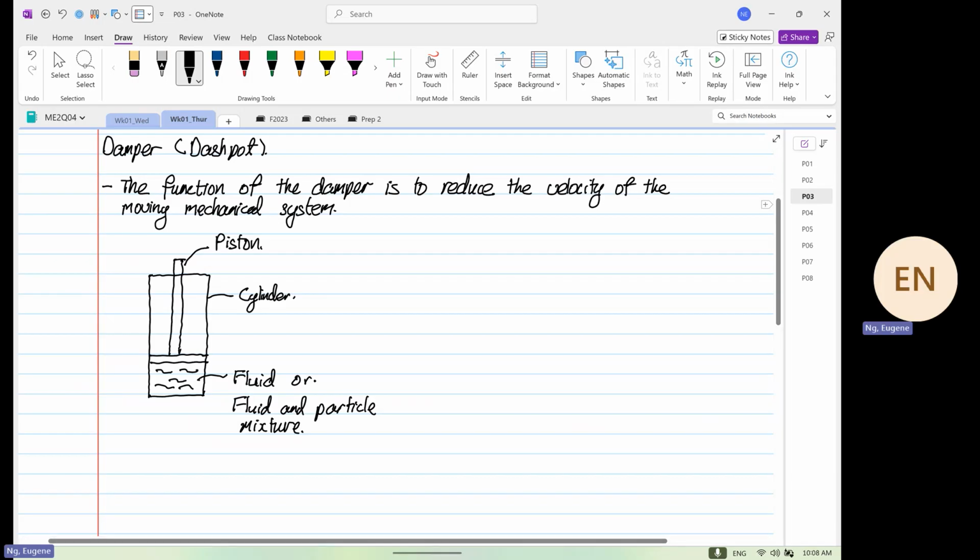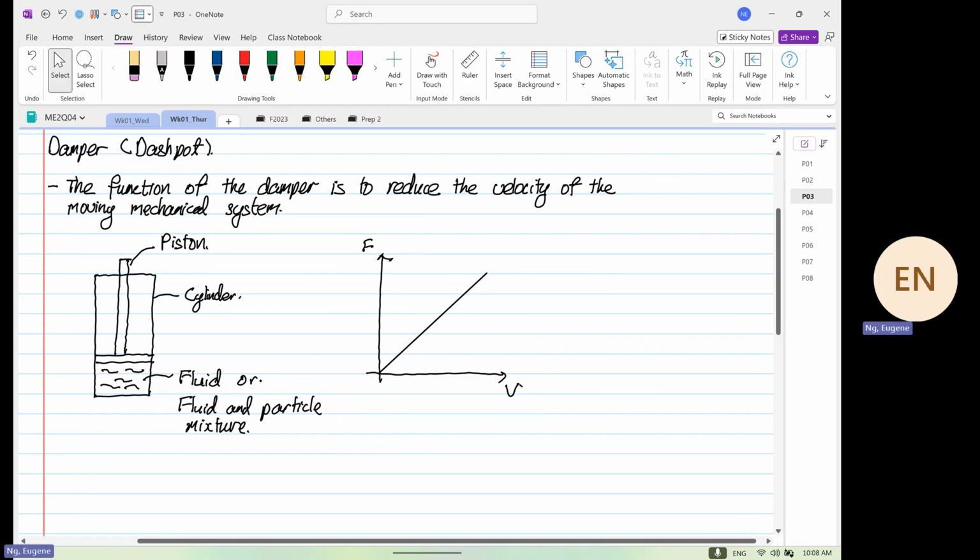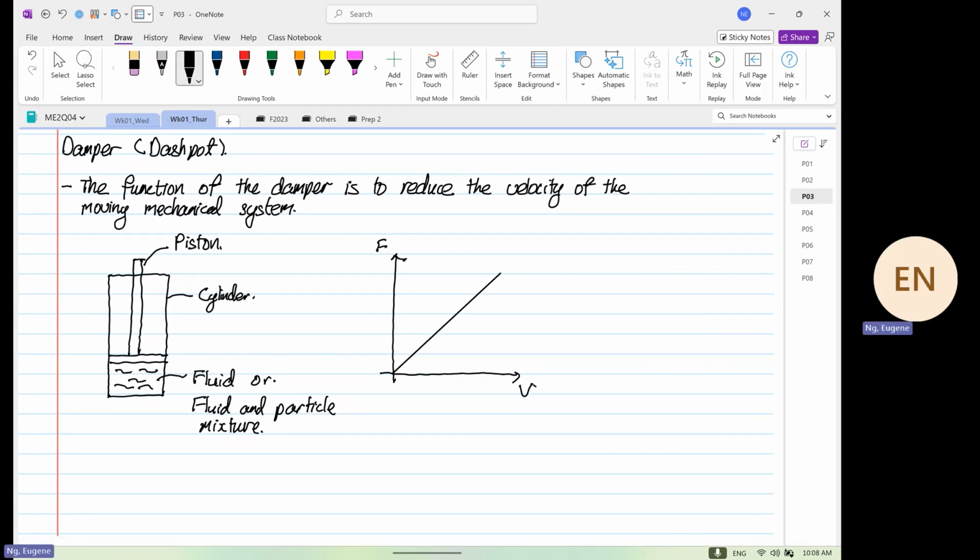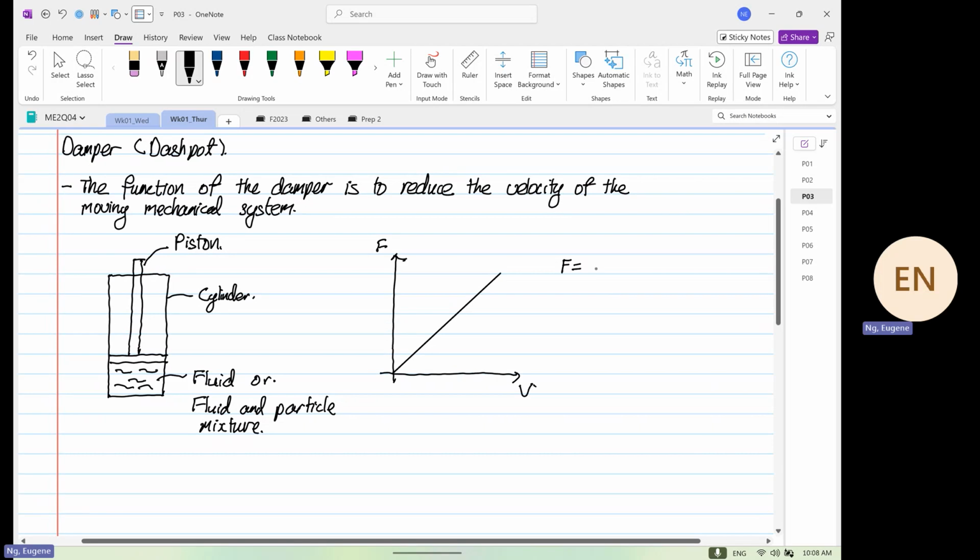Okay, and then if we were to draw this expression over here, so you have F and you have velocity over here, you tend to have a linear relationship looking exactly like this. Okay, so the expression we can write is force is equal to C multiplied by velocity.